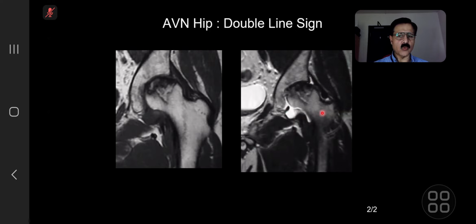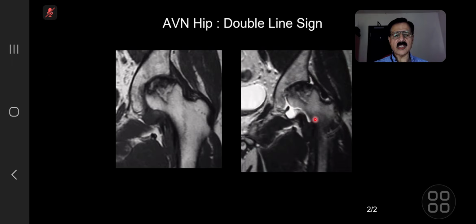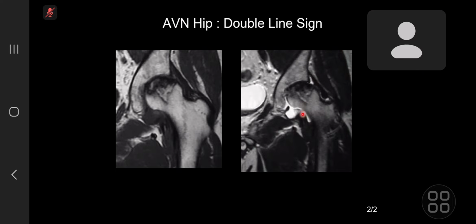Question for candidate one: double line sign is seen on which sequence? T2. So this is a T2 weighted sequence. Can you explain? If you see here, there is a line just superior to my laser pointer which is slightly low signal, and then there is a higher signal line. This is known as the double line sign. The first line, the dark line, how do you define it? This is kind of osteochondritis dissecans.